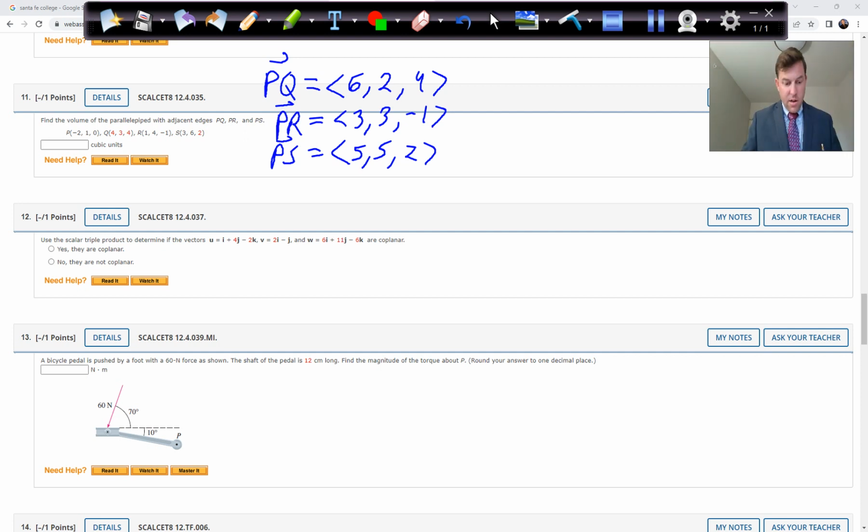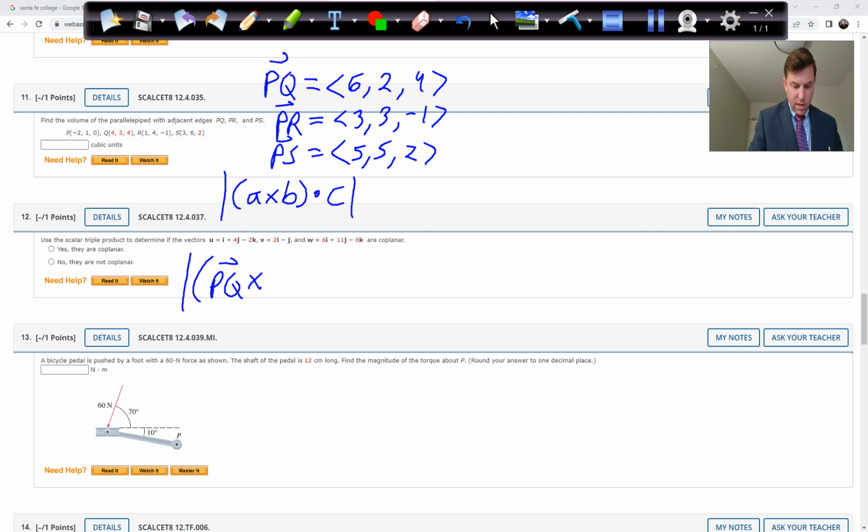Now the volume of the parallelepiped is called the vector triple product, and it looks like this. It's the magnitude of A cross B dotted with C. So for our values, it's going to be PQ cross PR dotted with PS, and then take an absolute value.